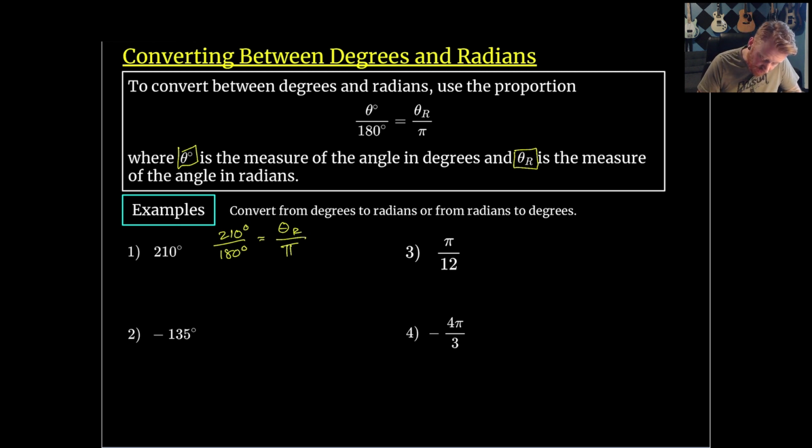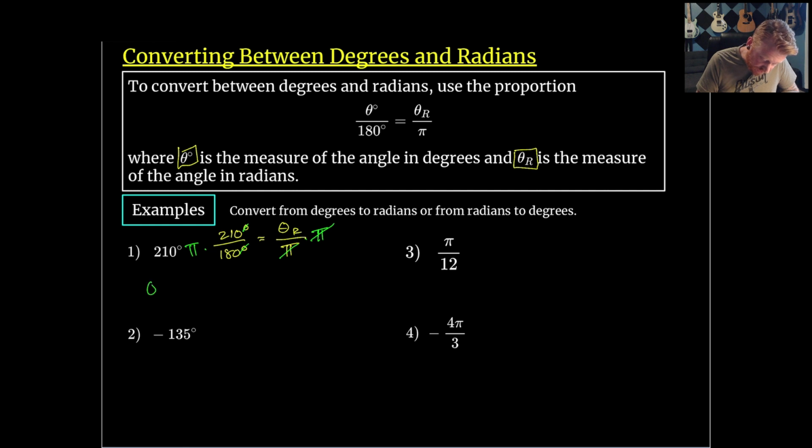And we'll put that over pi. So we want to solve for theta sub r in this case. So what we're going to do is multiply both sides by pi. We're doing that so on the right-hand side they cancel, and we're just left with theta. On the left-hand side, we can actually think about the degrees canceling as well. Remember that this should be a unitless measure when we're done.